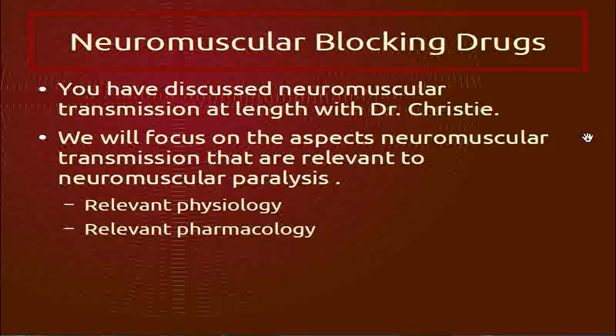We're going to have to discuss how vesicles are released, calcium measurement. We're going to have to discuss how acetylcholine gets broken down. And the other systems that are involved to terminate the action of your neuromuscular blockers, correct? So those should be things that you're thinking about as we progress through these slides.